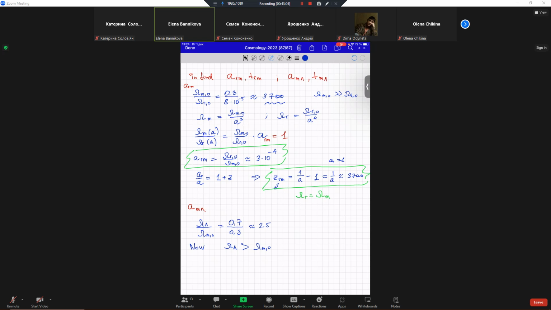If we estimate when it was, again we write that omega lambda is a constant, so we can immediately write omega m0, which we already know how it changes. Omega lambda is constant, and omega m depends on A. So this is omega lambda divided by omega m0 times A cubed.